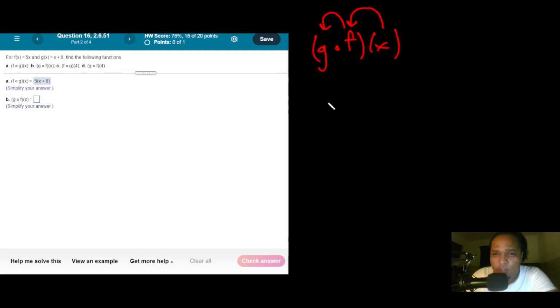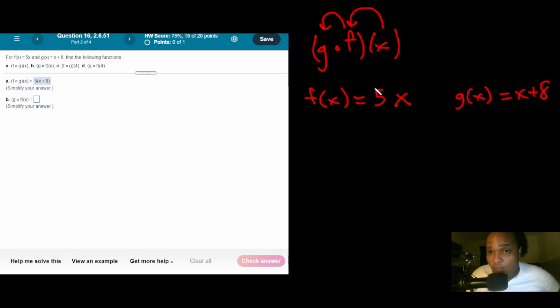Remember, f of x is equal to 5x, and g of x is equal to x plus 8, right? So we're taking the x and plugging it into the f. We get f of x. And now we're going to take whatever the f of x is and plug it into wherever we see an x. So right in there, let's put parentheses there.